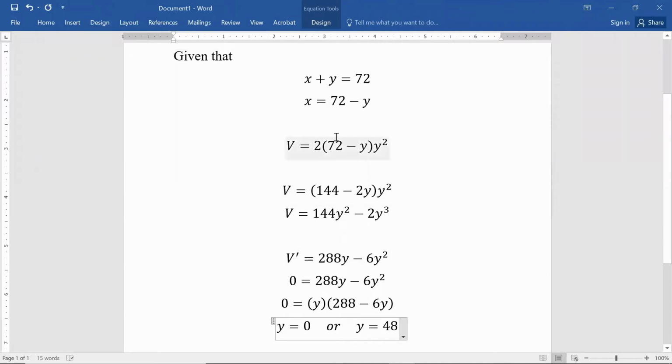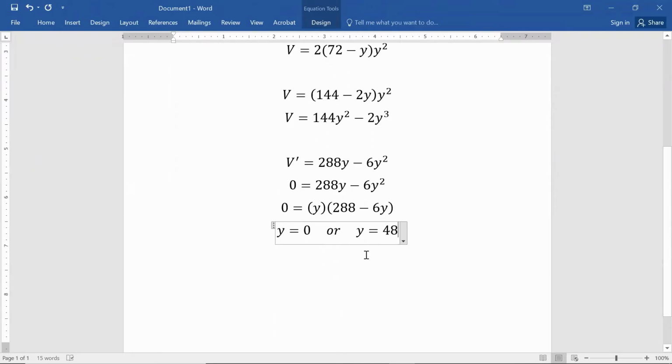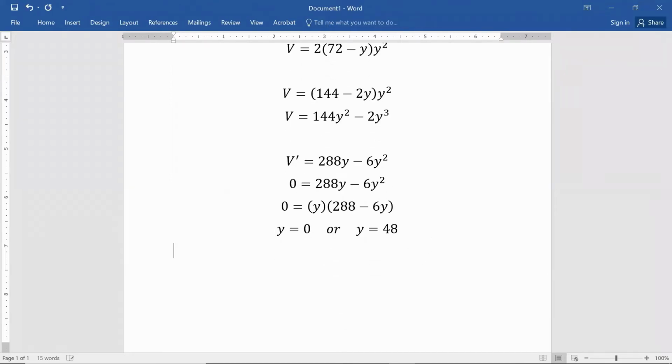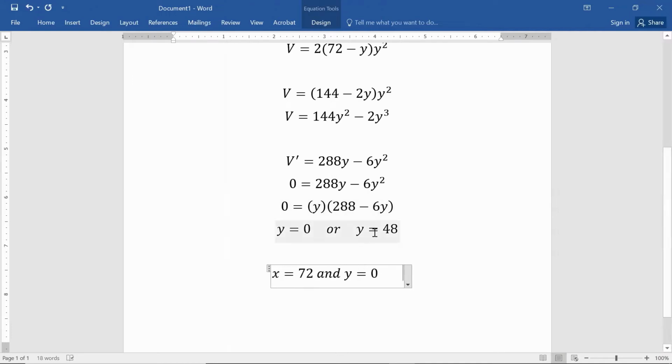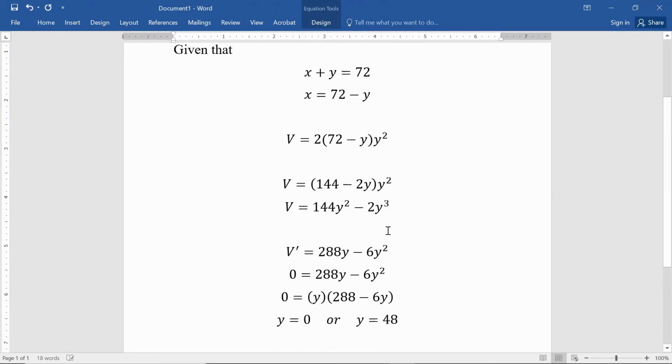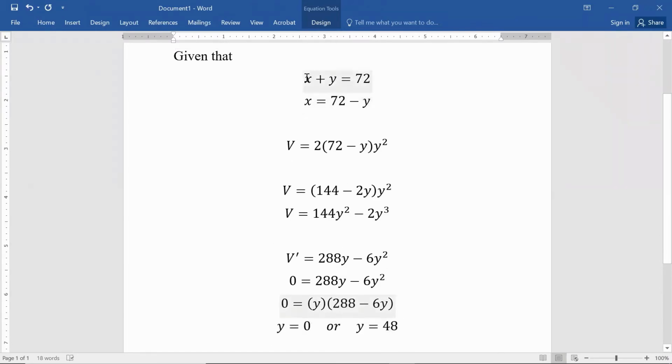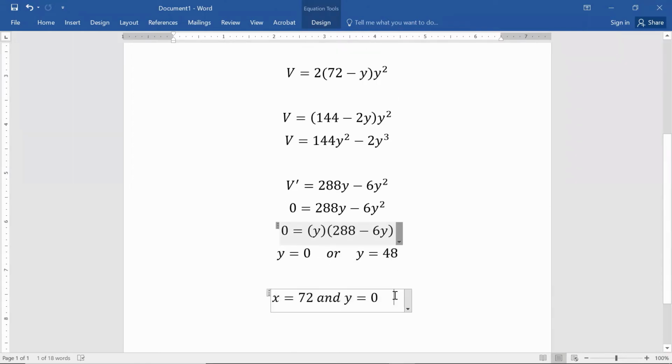Now, if y is equal to 0, then that would force x to be 72. So I get one pair, which says x is 72 and y is 0. That's one combination. If y is 48, and again, I'm just going back to using this equation, 72 minus 48 means x would be 24.